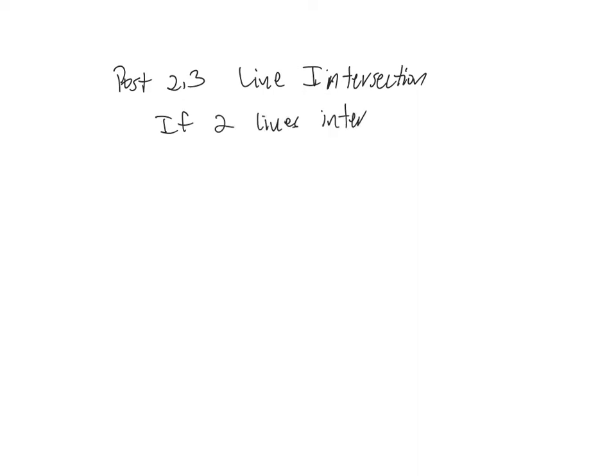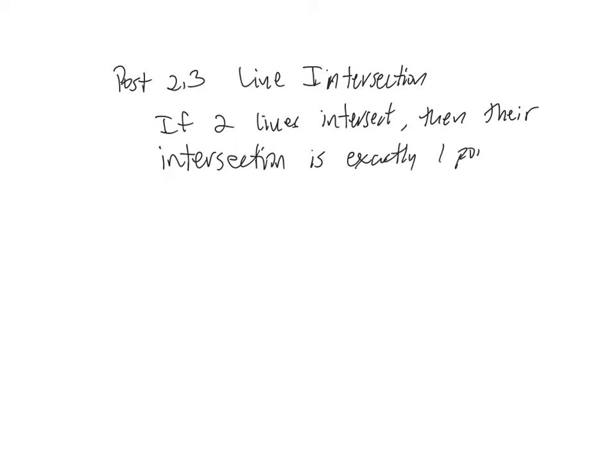Postulate 2.3, line intersection. If two lines intersect, then their intersection is exactly 1 point.